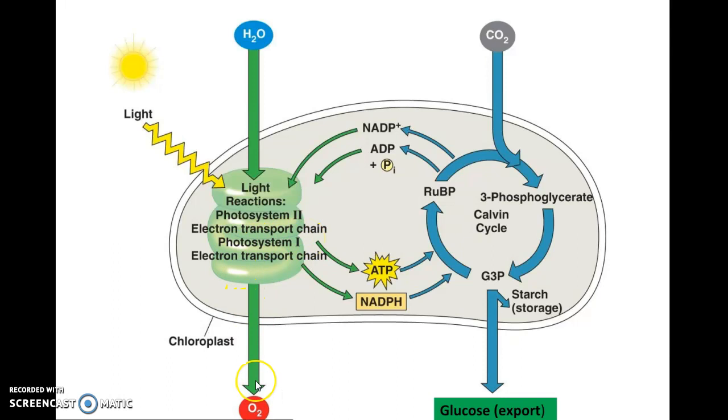Okay, oxygen is released here. Again, we needed that oxygen to be an electron acceptor, just like cellular respiration. Making ATP. So we're converting the light energy from the sun into chemical energy in ATP. This is a big thing that you need to know. Light energy converted into chemical energy.